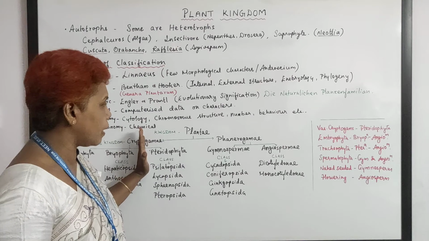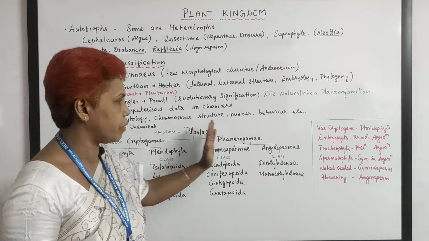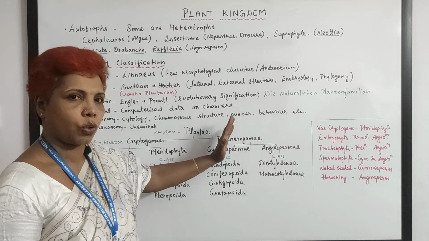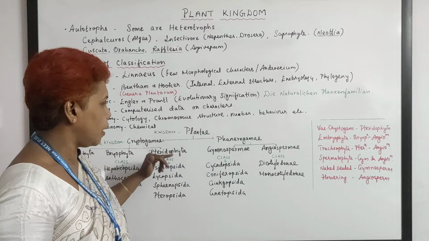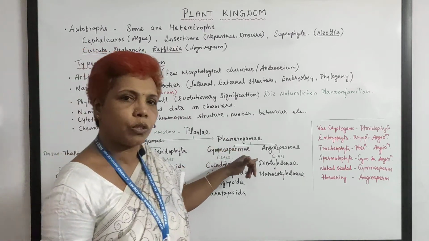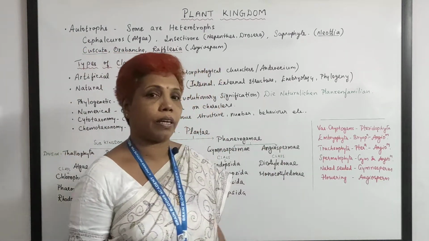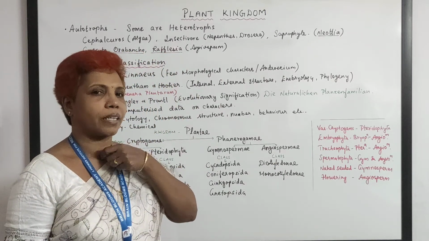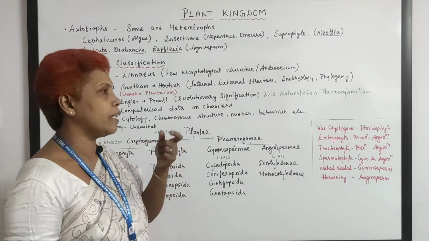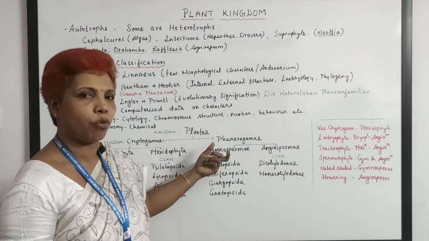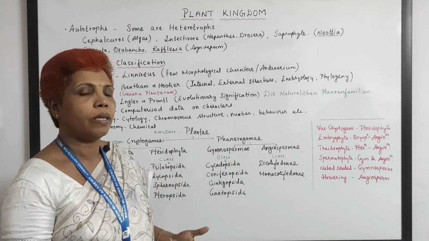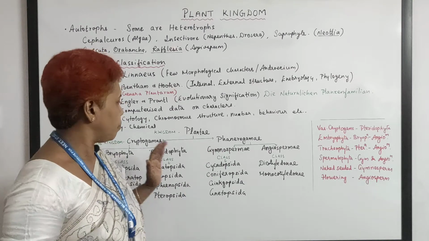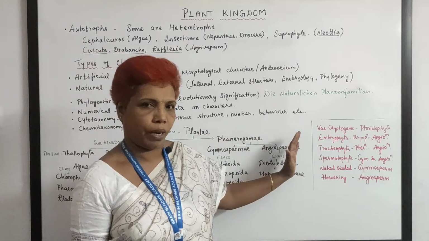From here there is an origin of vascular bundle. So pteridophyta, gymnosperms, angiosperms are otherwise called tracheophyta. Trachea means a pipe, like the windpipe. Like that, here the pipe is present, xylem and phloem, to carry water and prepared food. So from here this is called tracheophyta.